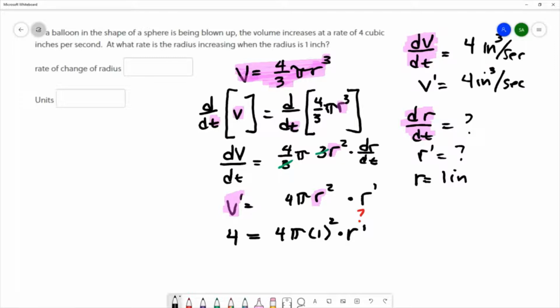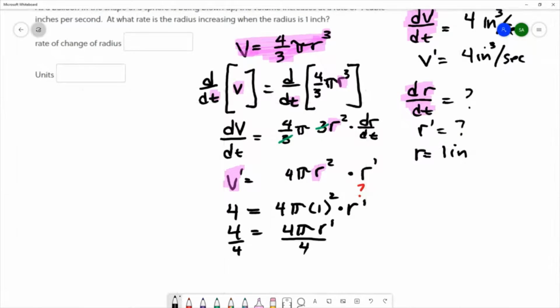So we've got 4 equals 4 pi r prime. Divide both sides by 4, and we've got r prime, we should be dividing by 4 pi, 1 over pi. So our rate that the radius is changing is 1 over pi.